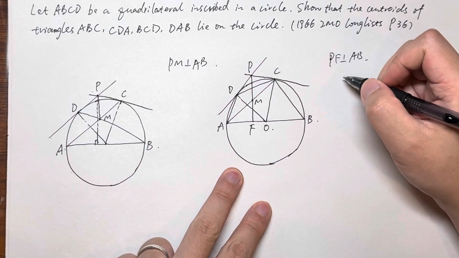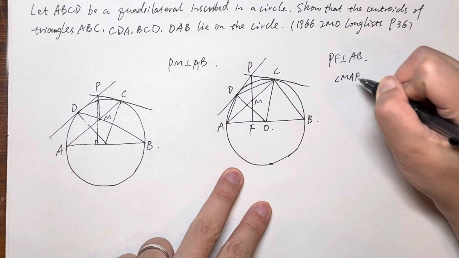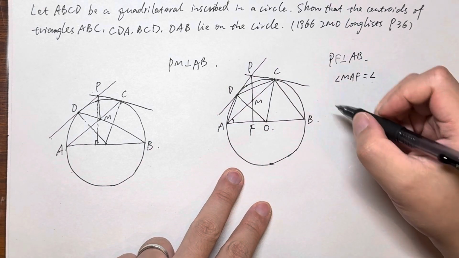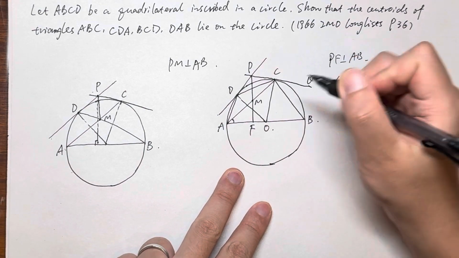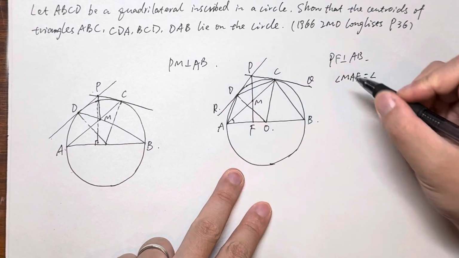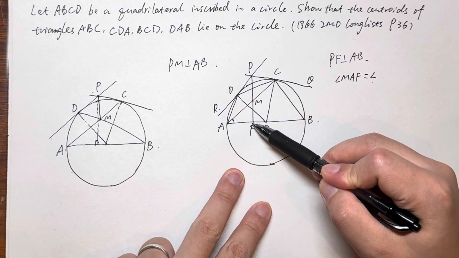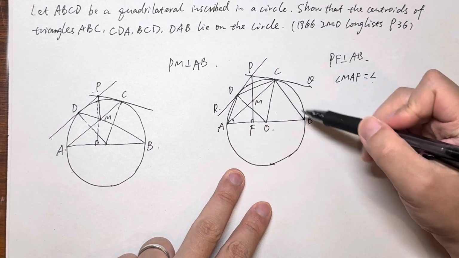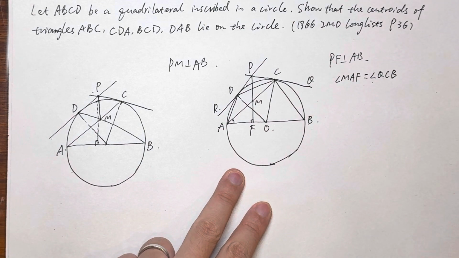Right? Now let's look at the angles in this figure. We know that angle MAF, this angle, equals to angle, let's call this line Q and R, okay? So the angle MAF equals to angle QCB. Right?